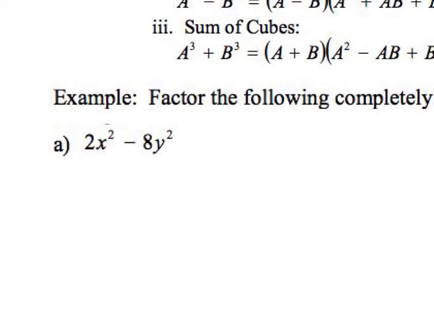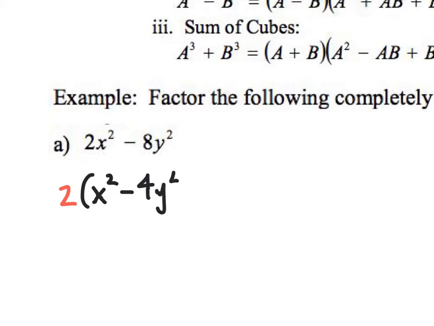All right, so remember, see if you can factor anything out of this off the bat. What I see is I can factor out a 2. So if I factor out a 2, then we're left with simply x squared minus 4y squared.